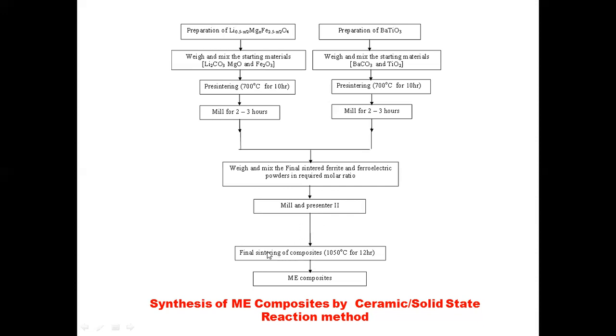Next, here we are making the final sintering of these composites at, let us say, 1050 degrees centigrade, or even at 1100 degrees centigrade, for 12 hours. Once the final sintering is over, we have obtained the ME composite materials here.